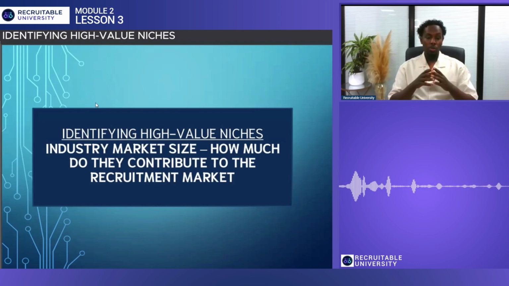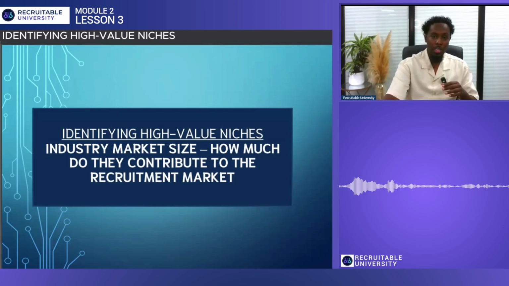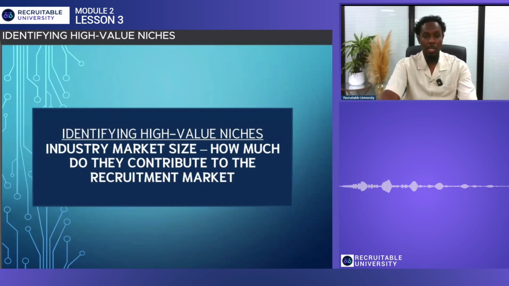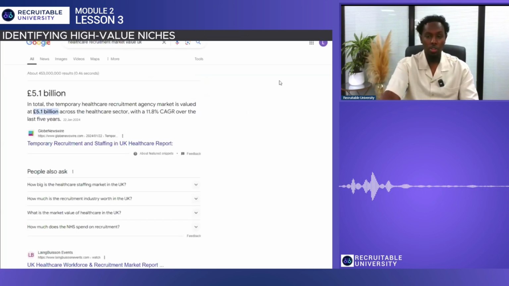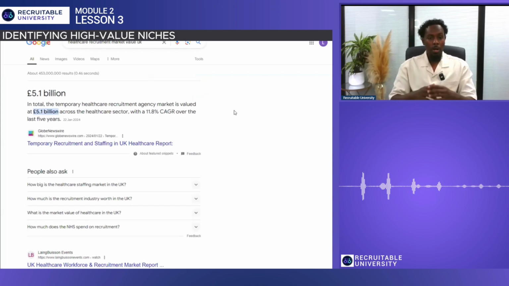How much do they contribute towards the recruitment market value? Some of the industries that are really busy at the moment include healthcare. If we look at healthcare recruitment, how much have they contributed towards the market value? 5.1 billion.